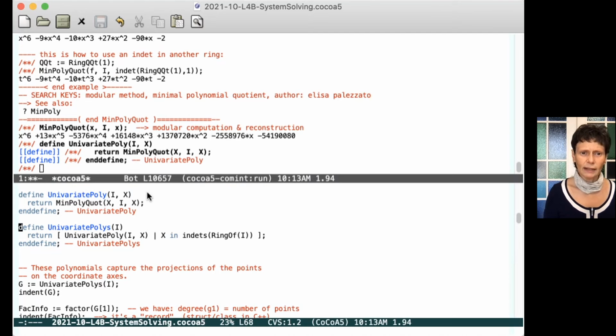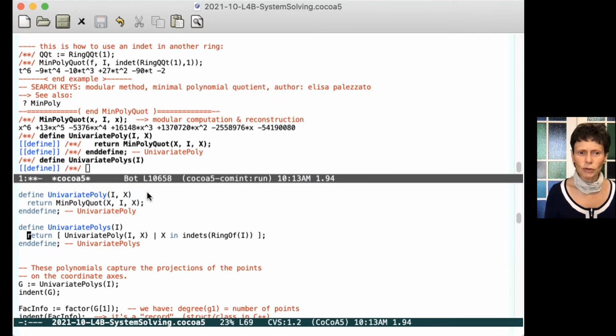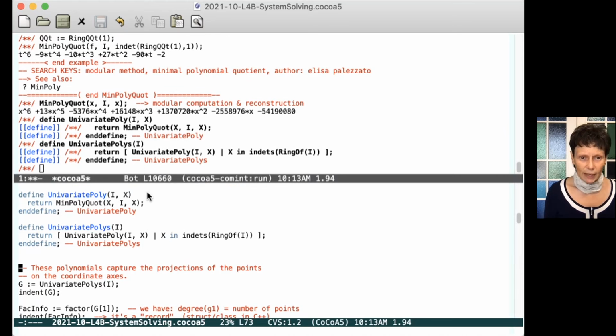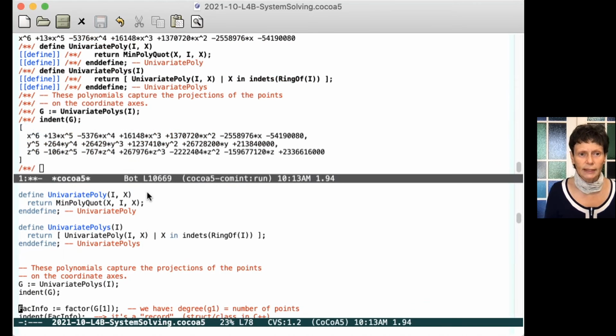And then I implement this function, univariate polys, which computes all of them for all the indeterminates, and so makes the list of univariate polynomials in big X, where big X is any indeterminate. So let's call it. Here it is.